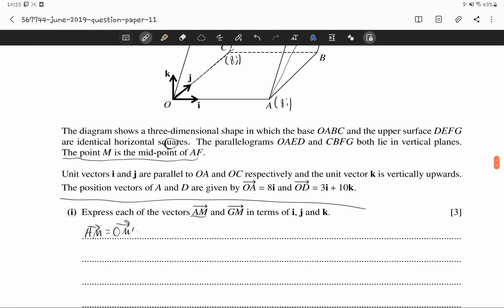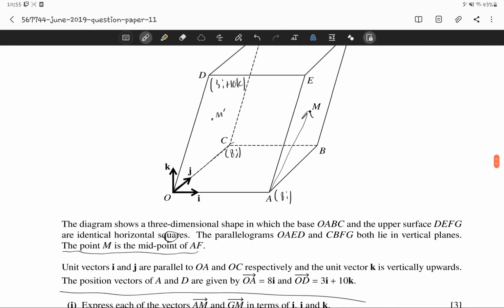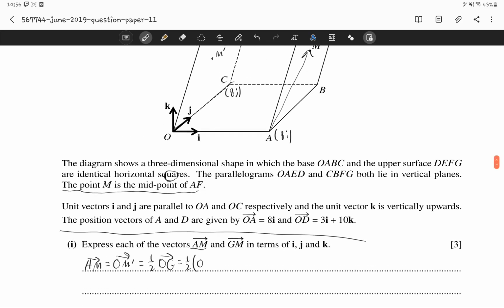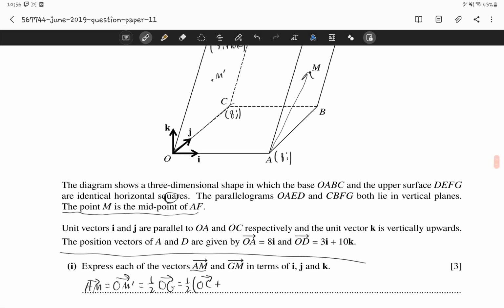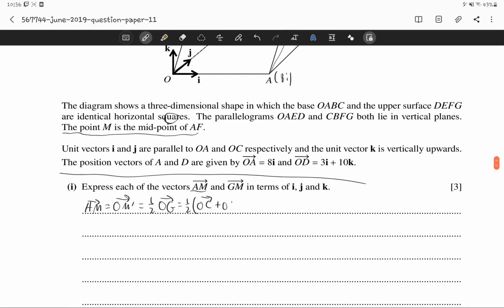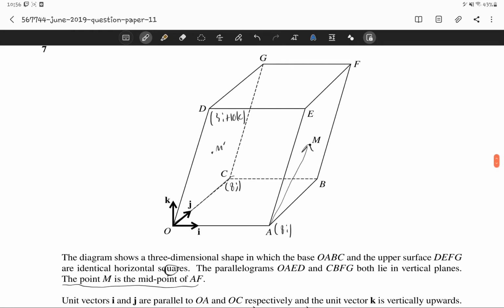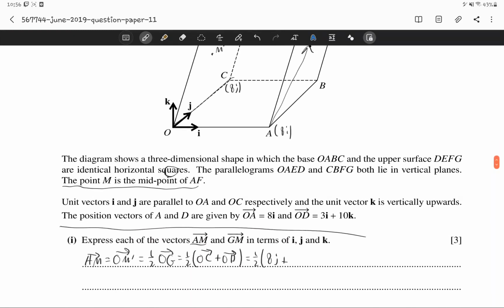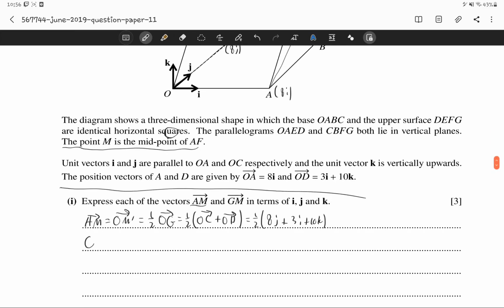And this would equal the half of vector OG. And this equals a half of OC plus OD, because OD is the same as CG. So this equals a half of 8j plus 8j plus 3i plus 10k. Okay, let's do GM.